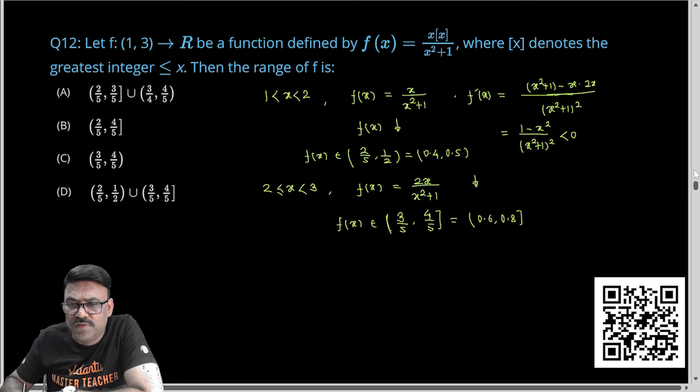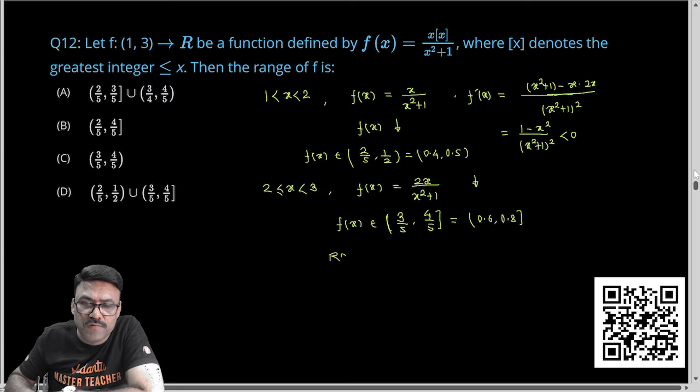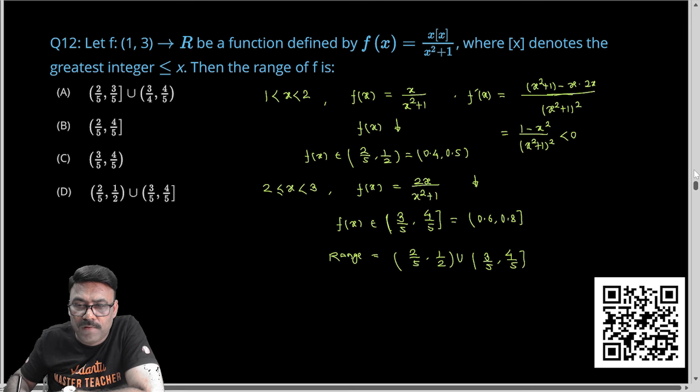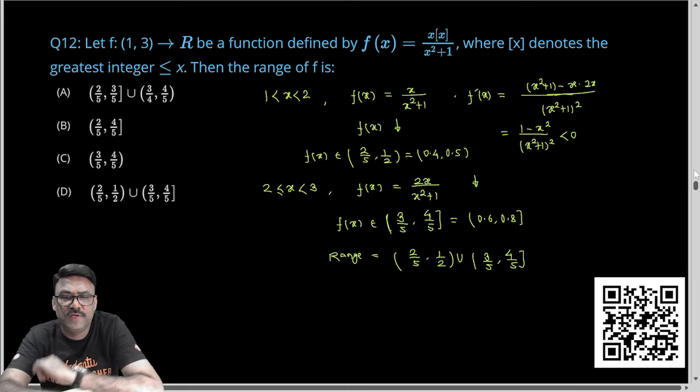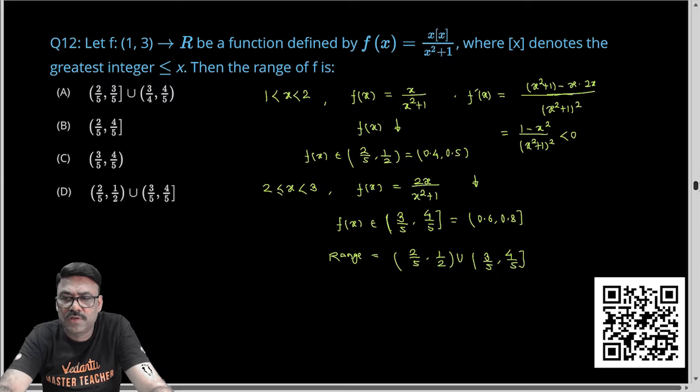They are disjoint intervals, 0.4 to 0.5 and then 0.6 to 0.8. Hence your range will be 2 by 5 to half, union 3 by 5 to 4 by 5, which means option D should be the correct option.